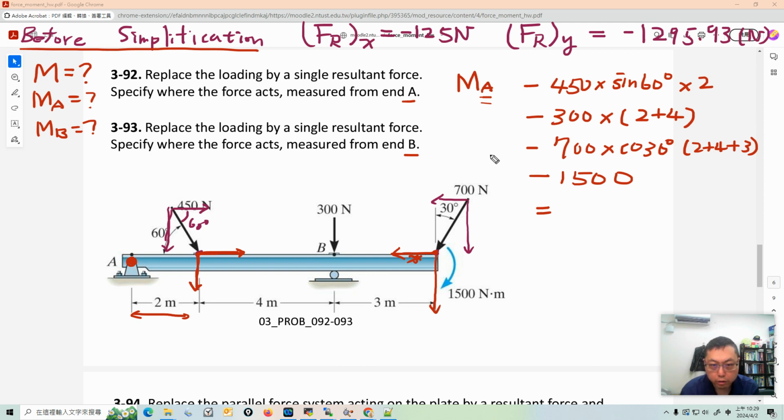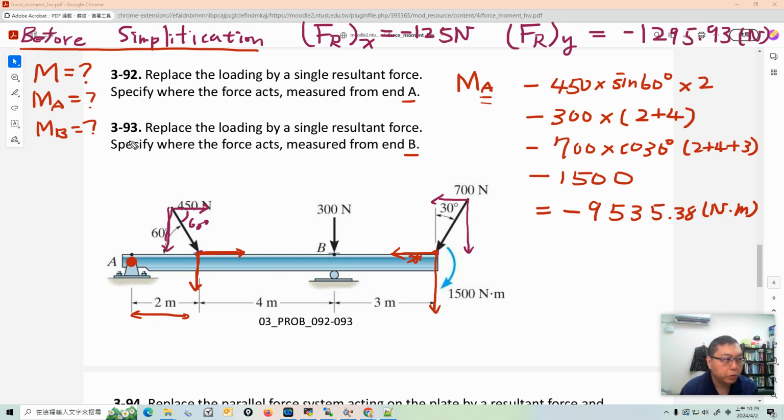So this is correct, this is also correct. The final total moment will be minus 9535.38 Newton meters. That's the total moment before simplification.